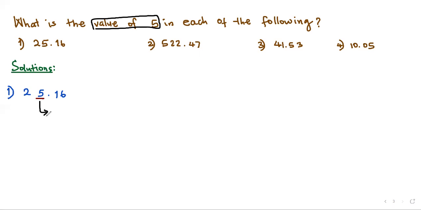The place value is ones, but the value is 5 times 1, which is the same as 5. You understand? Yes, if you say that the place value of 5 is 1, that is okay. But we need the value. So the value of 5 in this number is 5. Is it okay?